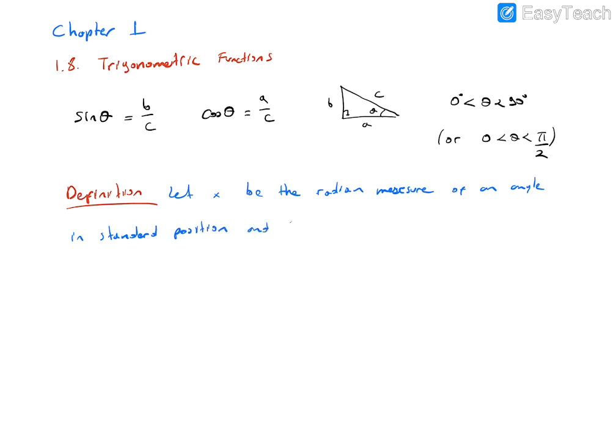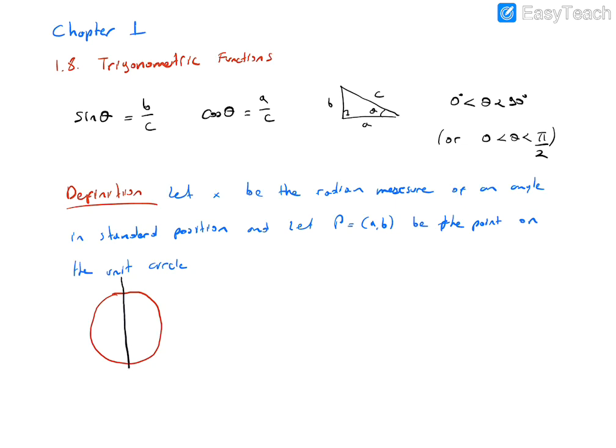And let P equal (a, b) in the Cartesian coordinate system be the point on the unit circle. So let's show that. This is the unit circle. That means the radius is 1.